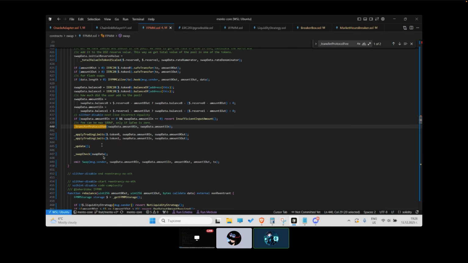So okay, then they update the values. Okay, so the reserve doesn't have the fees anymore. So let's go to swap check now.